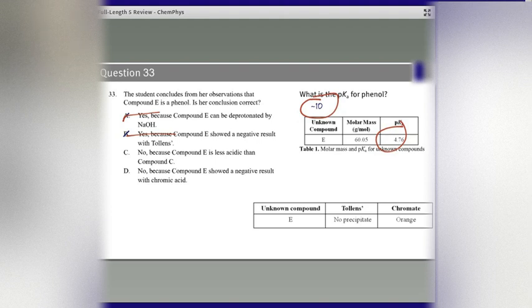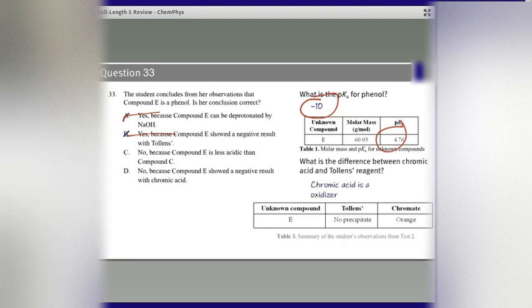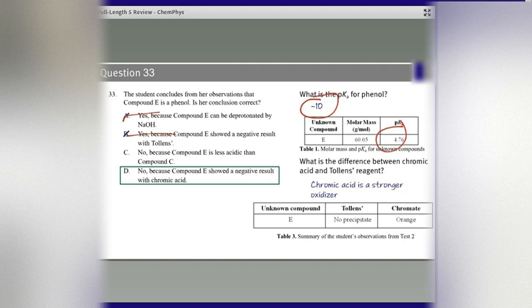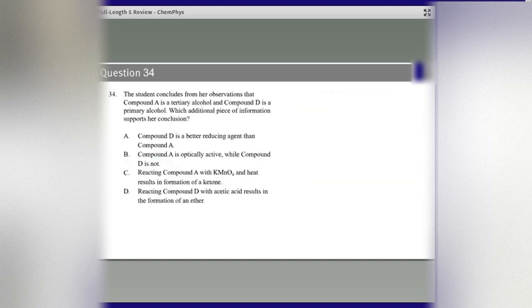Okay, question 34 here. Now, the student concludes from her observations that compound A is a tertiary alcohol and compound D is a primary alcohol. What additional piece of information supports her conclusion? This is great. If you've seen this before, guess what? Primary and tertiary alcohols react differently with an oxidizing agent. Primary forms the aldehyde or carboxylic acid.